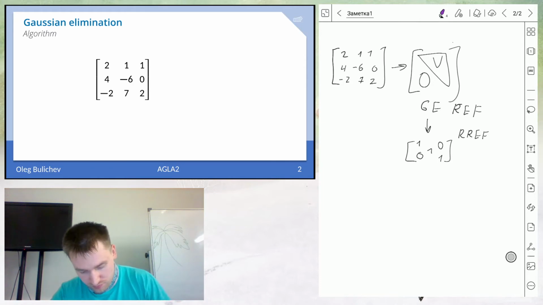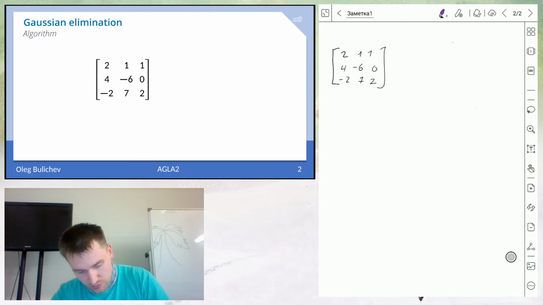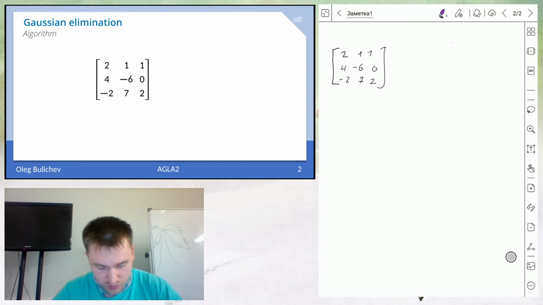So now we are going to the Gauss algorithm. Also I will write some special matrix, and afterwards we will get the result. I will write it at the bottom of my screen. First of all we need to take a pivot.